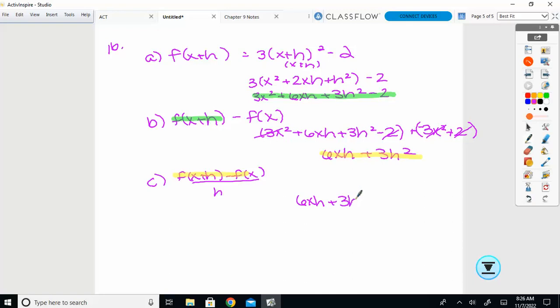So I want that divided by h. So if we cancel an h out of everything, we get 6x plus 3h. So on the study guide, I know I didn't say ABC, I just kind of threw it all together. But on the test, I would break it down into pieces for you. Is that okay?